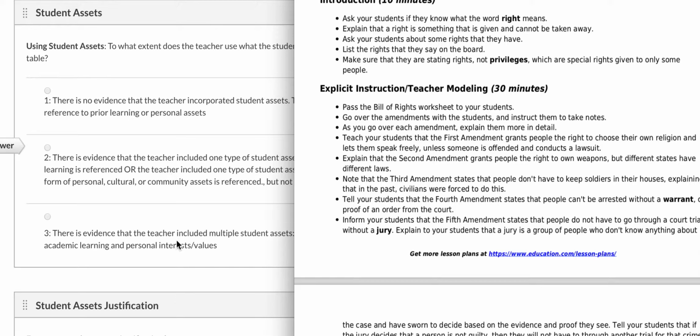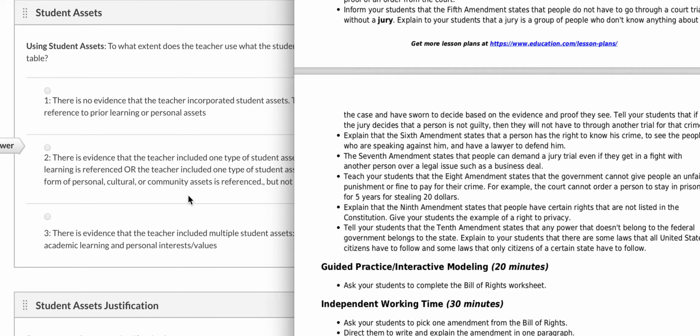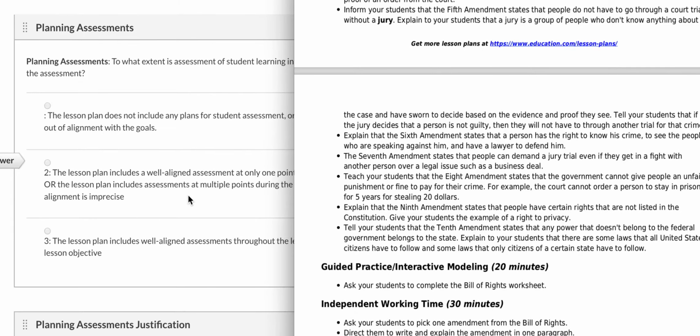You could argue with 3, saying that this is activating prior knowledge, but maybe it is, maybe it isn't. Saying that it was reviewing material they had already learned about is definitely then activating prior knowledge. But it seems to me as though the teacher is really just using student interests in things that they have rights about, and so on. So I think a 2 is better.